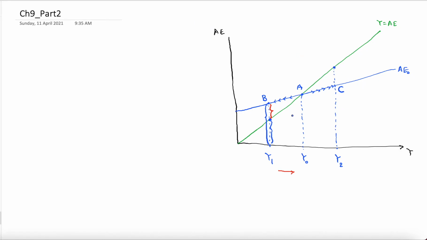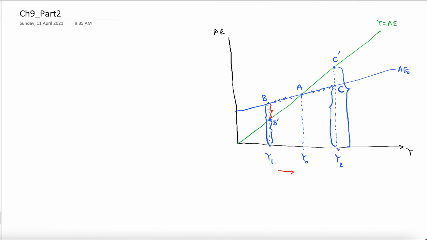Quite oppositely, in point C, we call this one B prime, and we call this one C prime, okay? And now, how much is the income? This Y2, okay? Y2 is on the 45-degree line, so this whole thing is the amount produced. How much are people planning to buy? They are planning to buy this much.